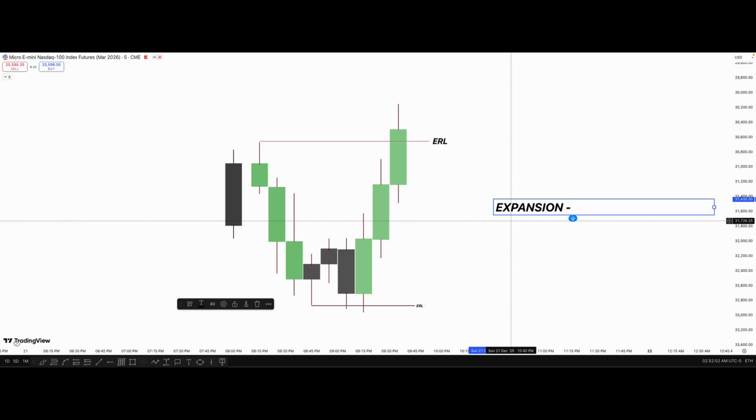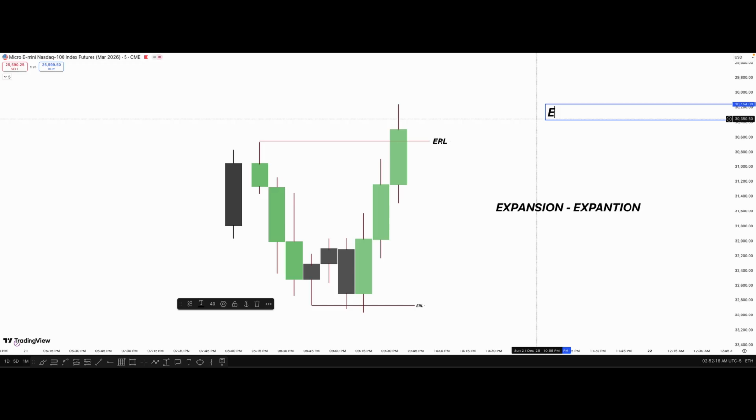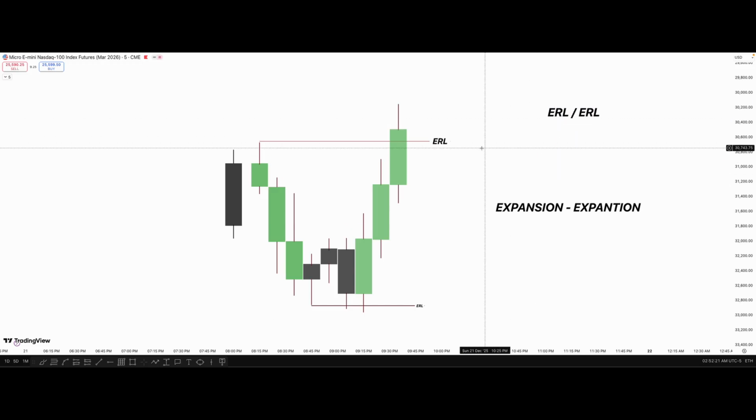It is just creating an ERL, coming back, taking down the ERL again, and going back up to take out the ERL. This is your version of ERL to ERL, right? The first was internal to external, then it was external to internal, and then there is external to external. There is no internal liquidity involved. All right.